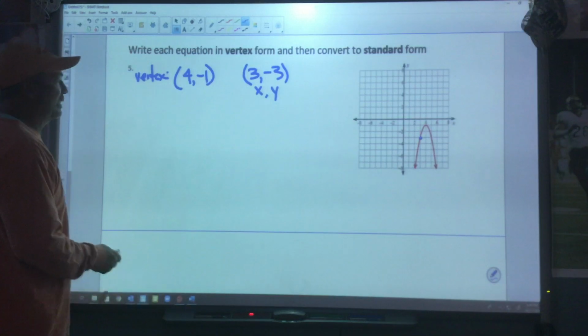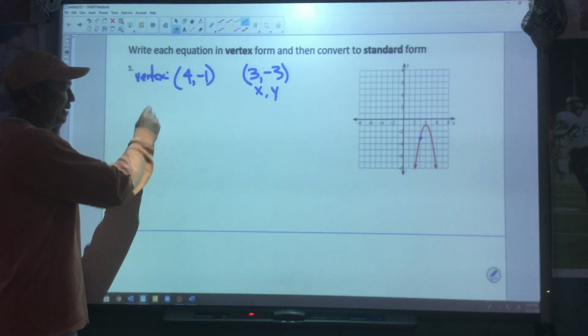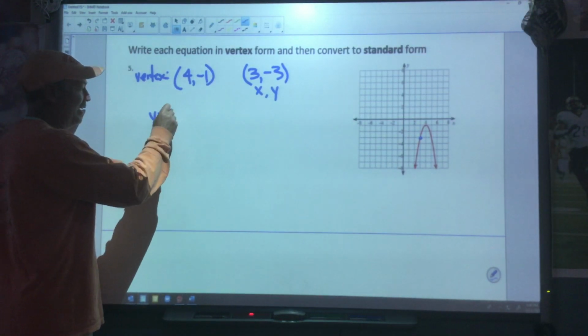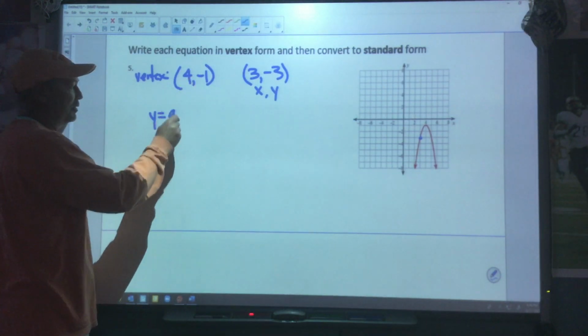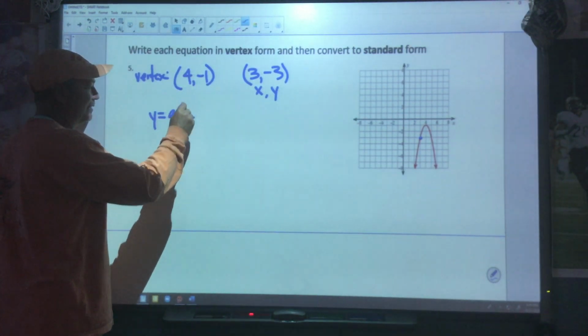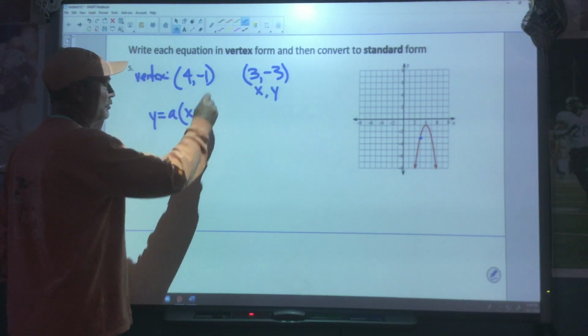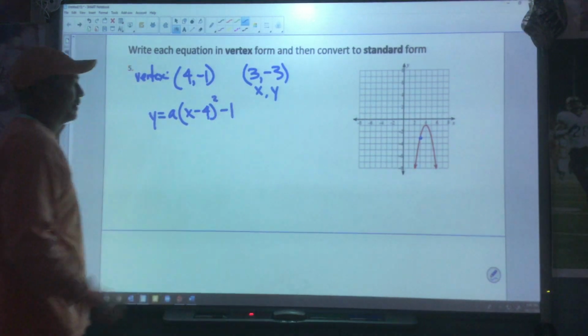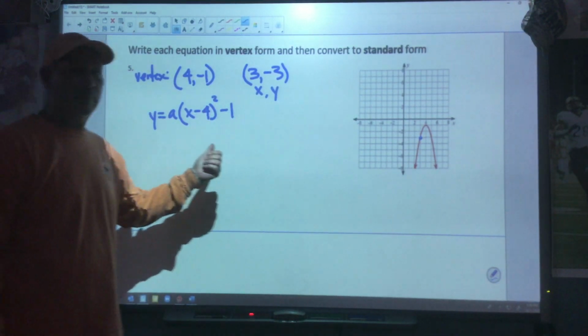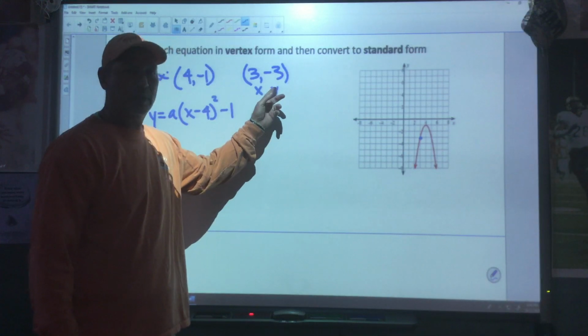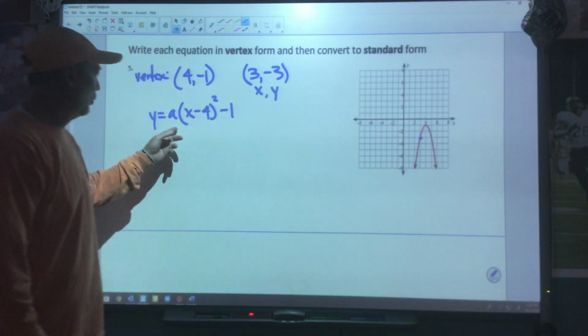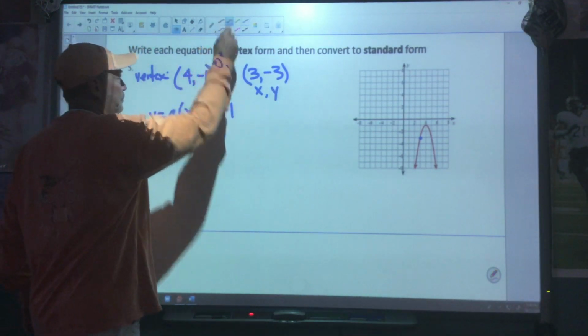Good. So we're going to say that y equals a. We're going to substitute our vertex: (x minus 4) squared minus 1. Almost. I have to find my a value. We're going to use this point that goes to the graph. Okay? We're going to substitute this in.